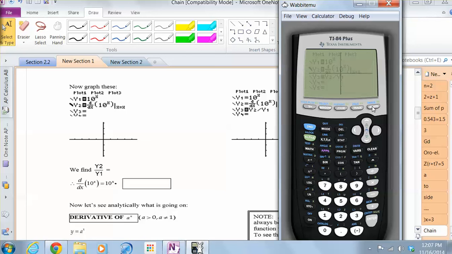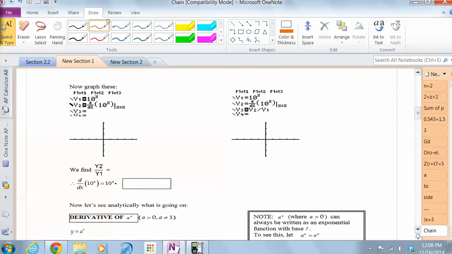So there we get 10 to the x power, and then that's going to be the derivative of 10 to the x. So it looks like now it's a little bit above 10 to the x. So if that's red and that's blue, the red curve looks like this. The blue curve will look like that, roughly.